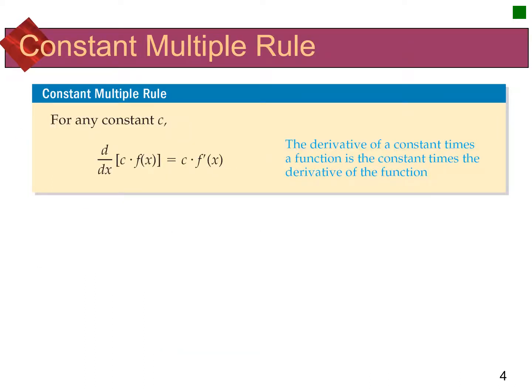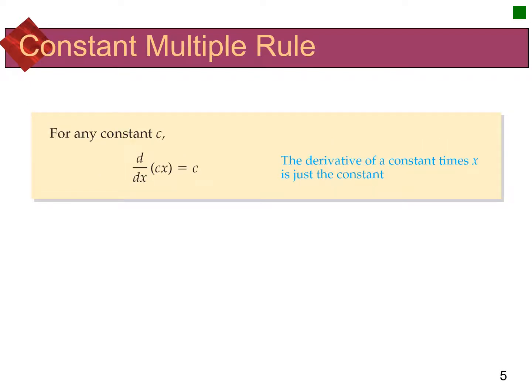The constant multiple rule says if I have a coefficient in front of a power of x or any other kind of function of x, I can pretty much just ignore it and let it go along for the ride. So the derivative of c times f of x is the same thing as c times f prime of x. I'll show what that looks like as we go through some examples momentarily.